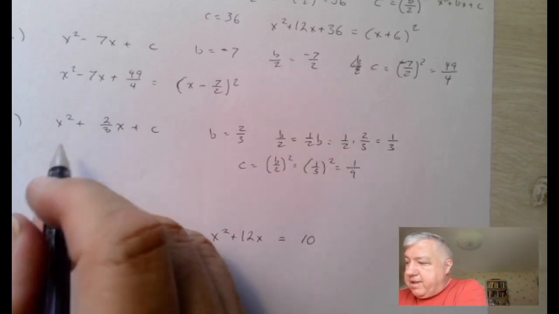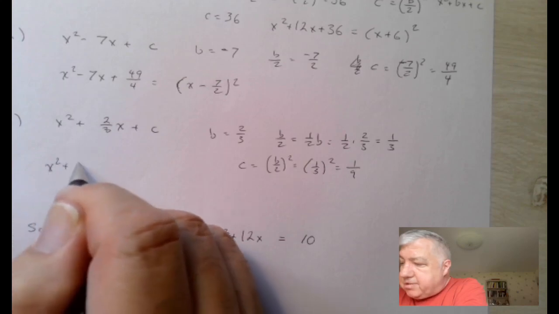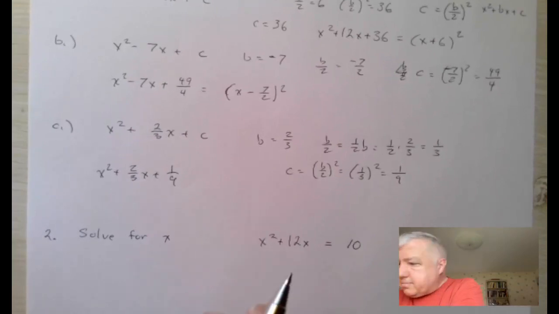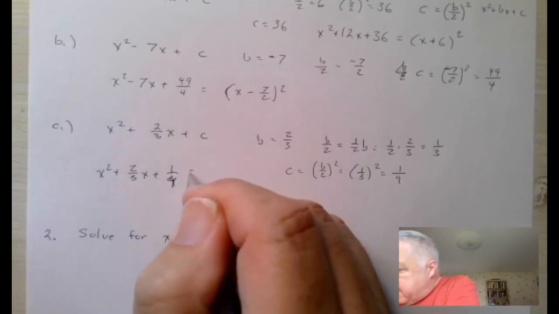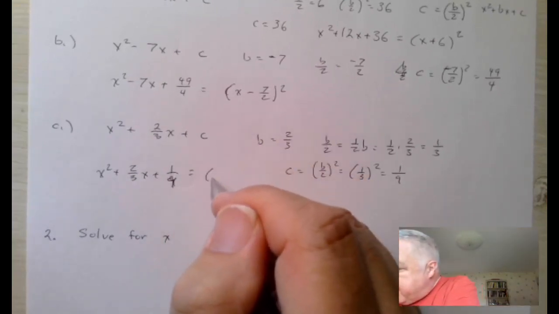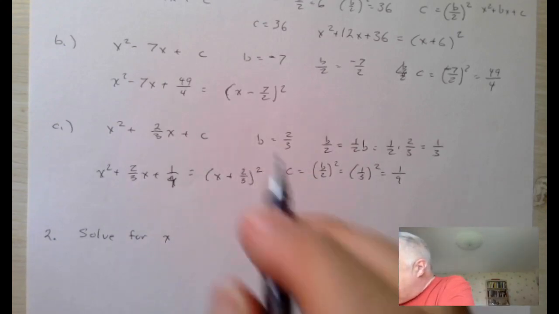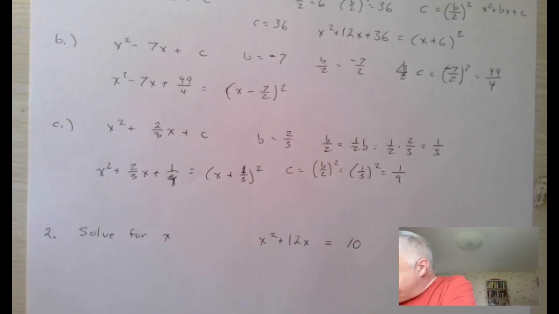You can check that x squared plus 2/3 x plus 1/9 is in fact x plus 1/3 quantity squared.